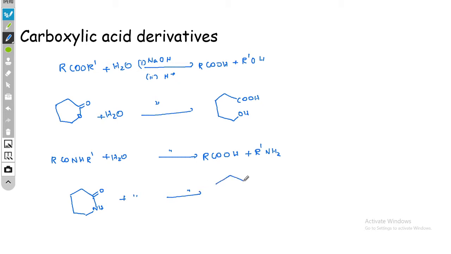Here also the ring is opened and we get a compound having both a carboxyl group and an NH2 group. So when it is hydrolyzed, if we get a hydroxy acid like this, we can say it contains an ester. If it contains one nitrogen and we get an acid and an amine, we can say that the compound has a carboxylic acid derivative, an amide.